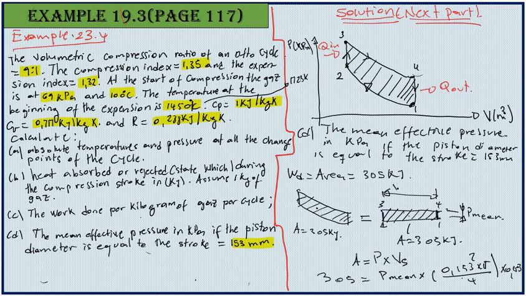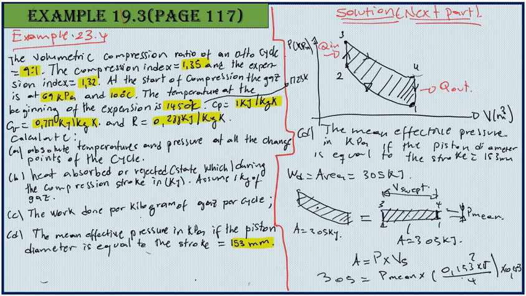That represents the swept volume. If we multiply the volume and the pressure, we get the area of the rectangle. That area represents the work done, which was determined in the previous slide.